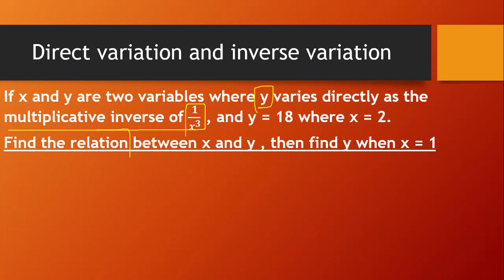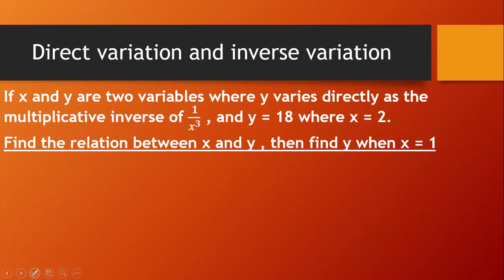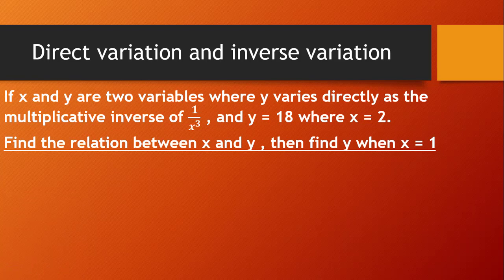I want to find the relation. The first requirement is to find the relation between x and y, then find y when x equals 1. In this case, we can't use the property. We will get the relation at first. After we get the relation, we can continue to get y.